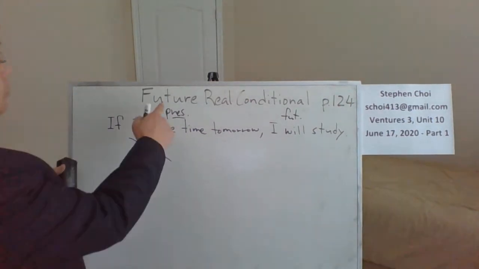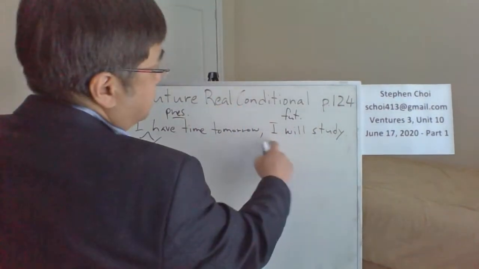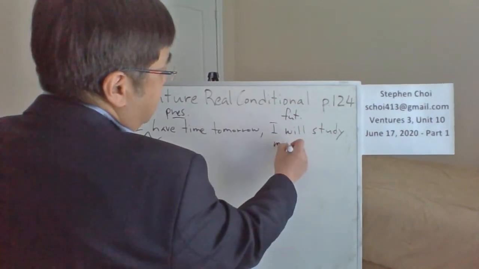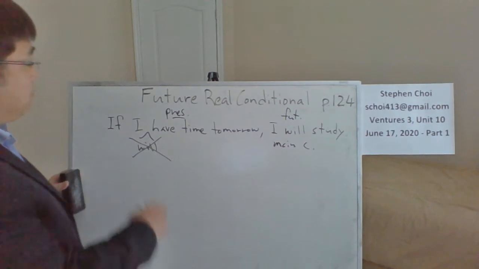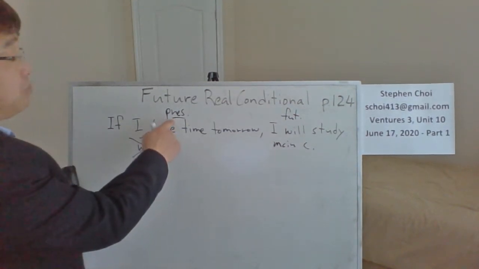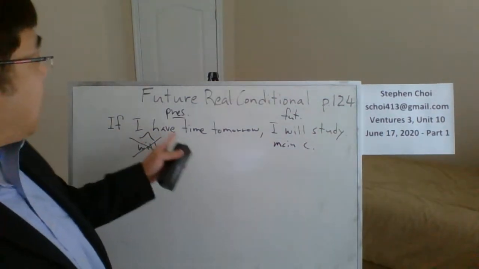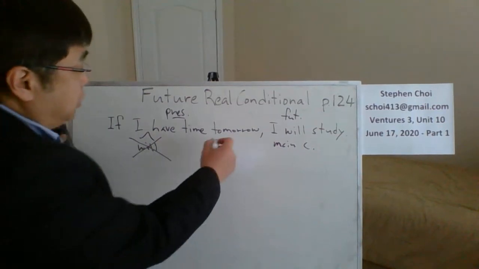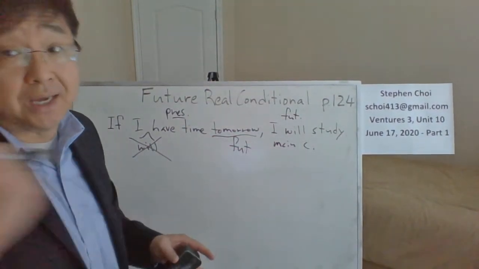So for future real conditional sentences, the main clause is in the future tense, but the conditional clause, or the dependent clause, is in the simple present tense. You don't say if I will have time tomorrow, even though tomorrow is future. It's not now, it's not yesterday.